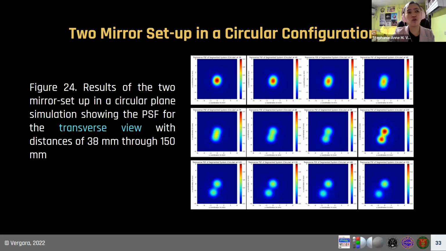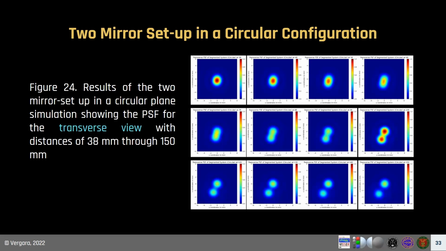Yes po, sir. So the point spread function, again, is like this. For the simulations, what I did was I assumed a point source, which is usually a star in real life.